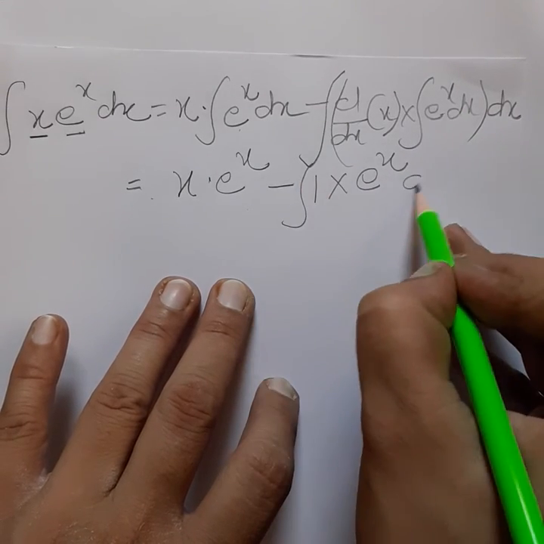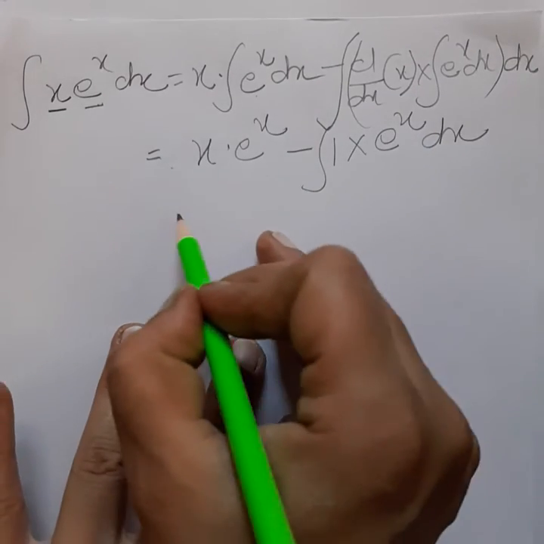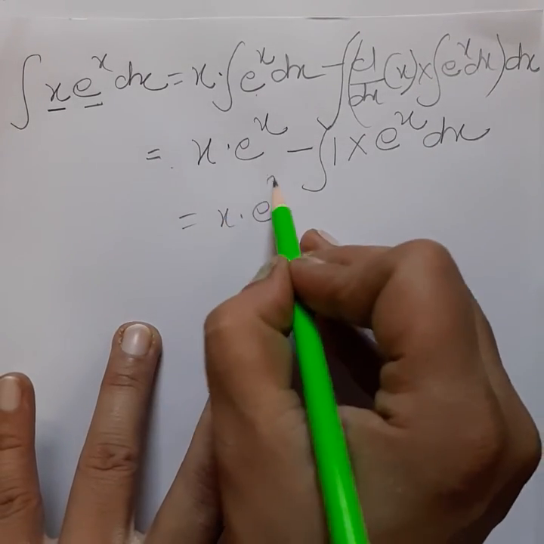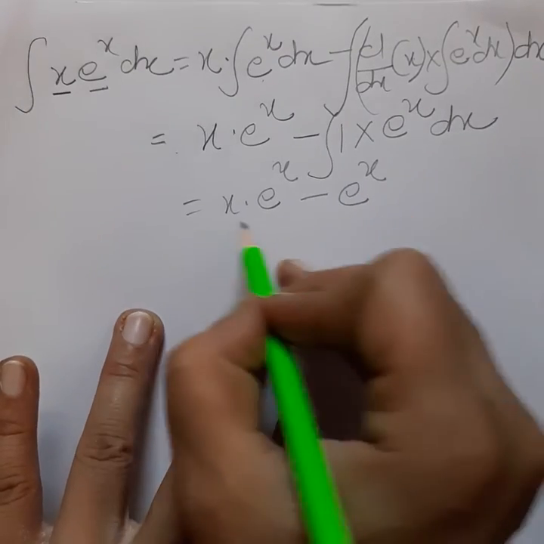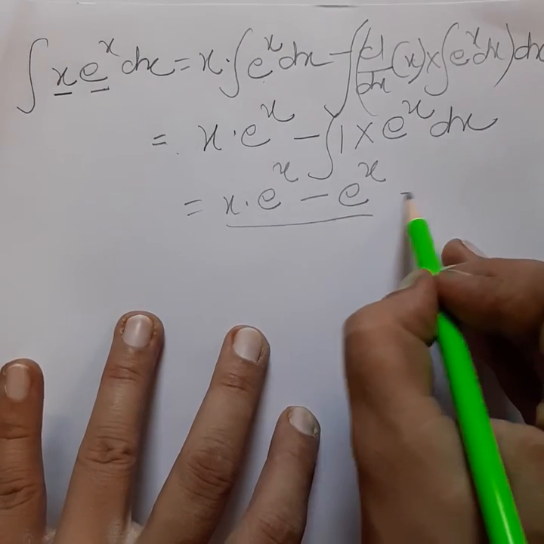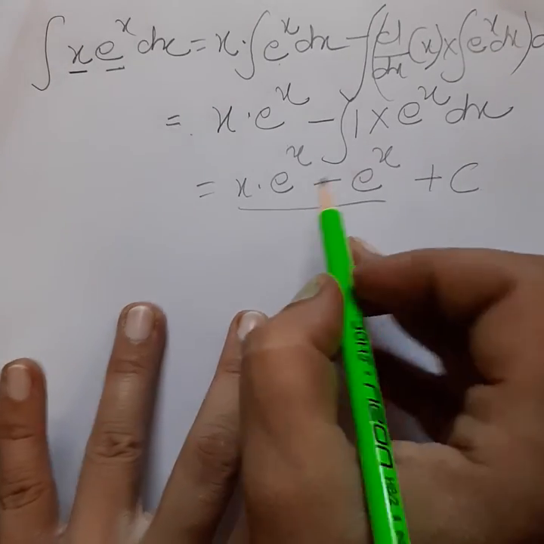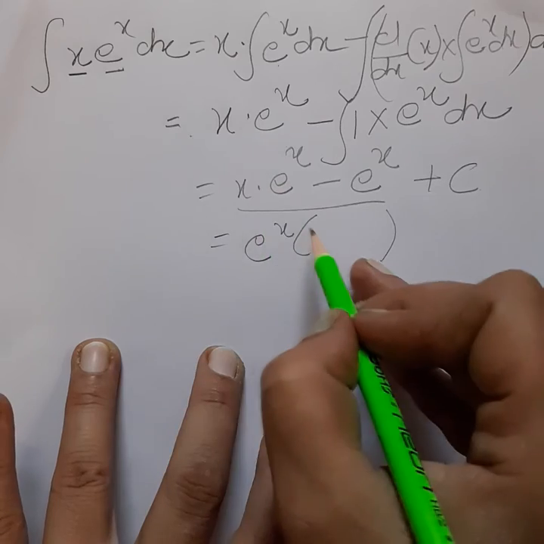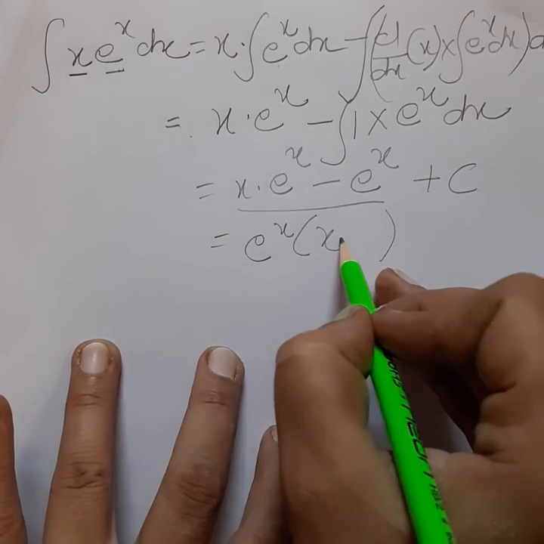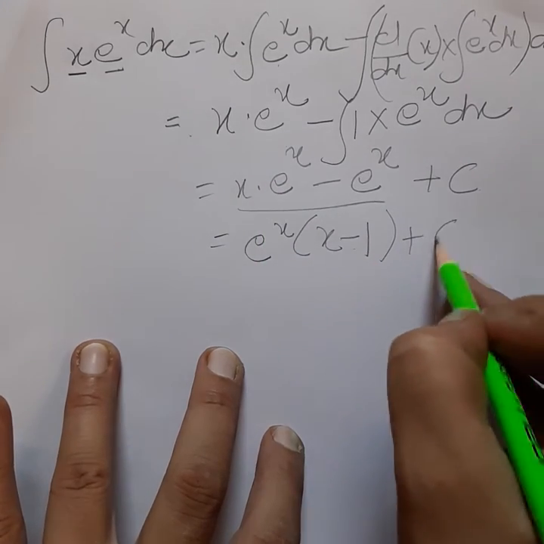After that we take the integration of e to the power x, and you know very well the integration of e to the power x is the same, so that is our answer, and we can add the constant of integration. After that you can take e to the power x common, and then you get x minus 1.